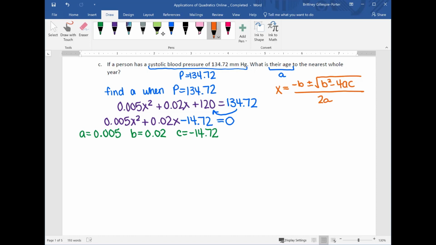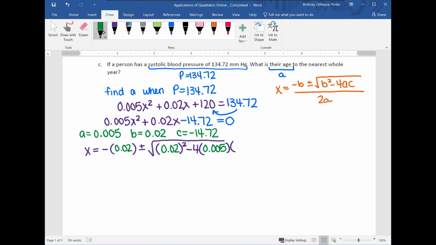So plugging into the quadratic formula, we're going to have x is equal to negative b, which was our 0.02, plus or minus the square root of b squared, which is going to be 0.02 squared, minus 4 times a, which is that 0.005, times c, which is going to be our negative 14.72, all over 2 times a, which is our 0.005.